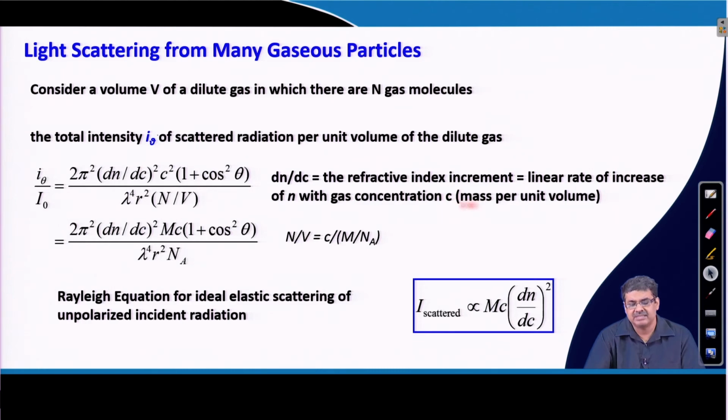C, again, is mass per unit volume. This expression is the Rayleigh equation for ideal elastic scattering of an unpolarized incident beam.